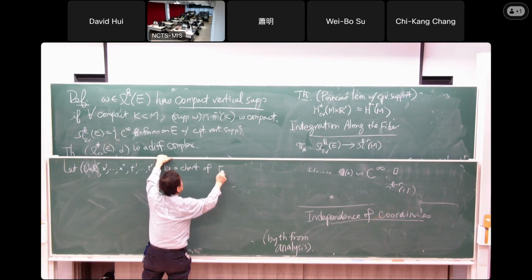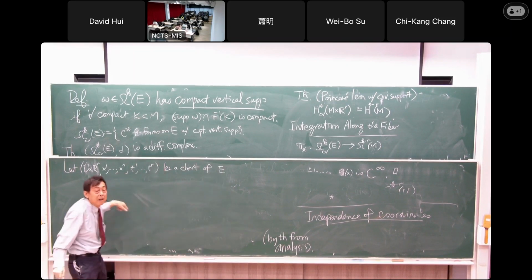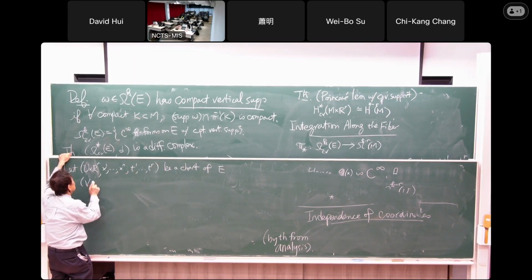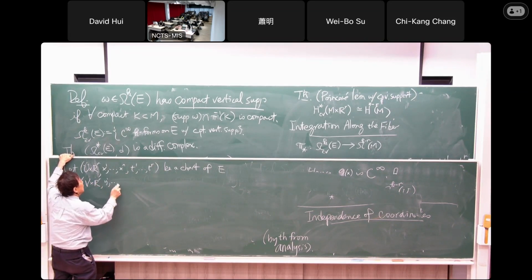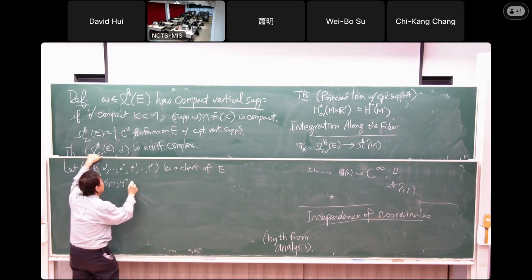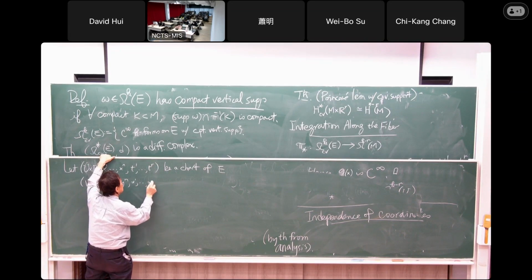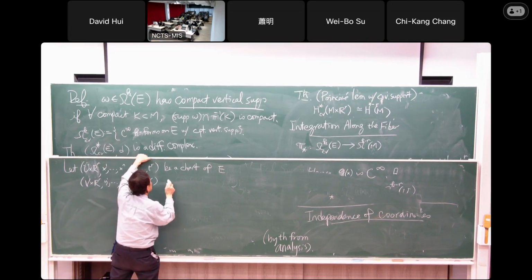So that's a chart of E. And then V cross R to the r, y1 to yn, u1 to ur, be another chart.